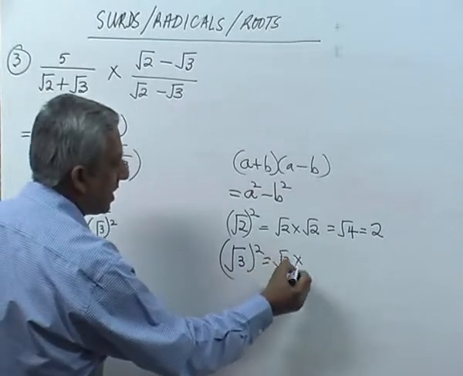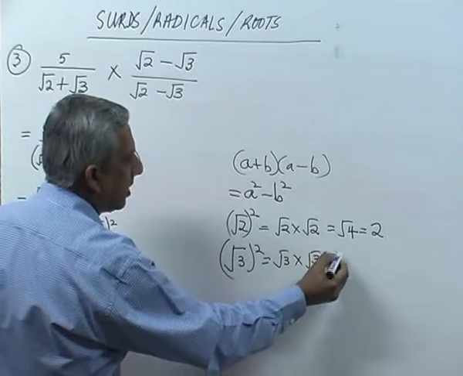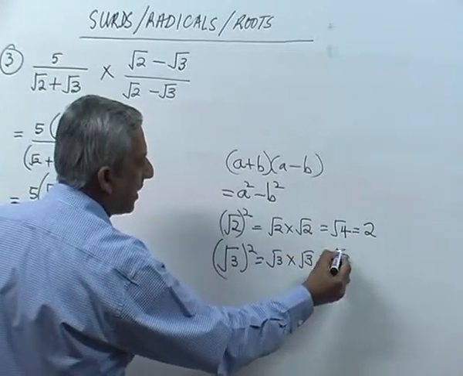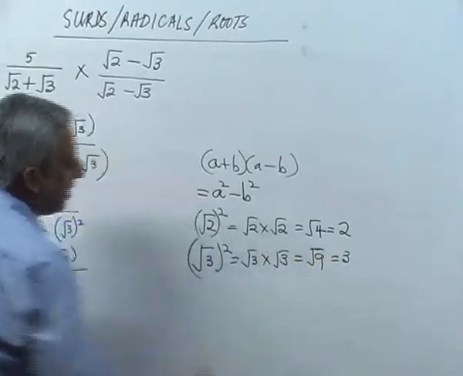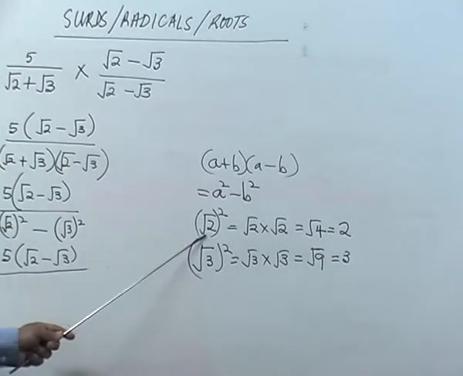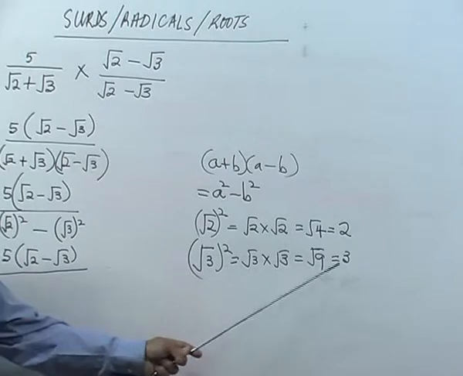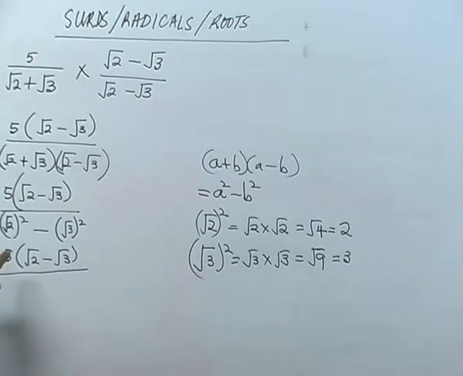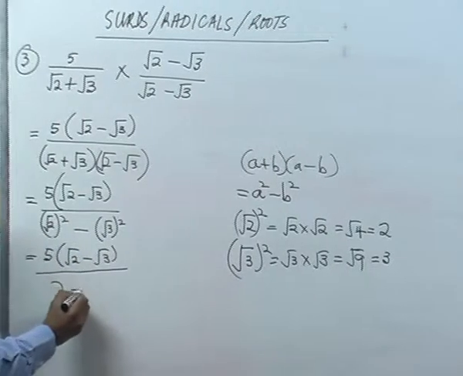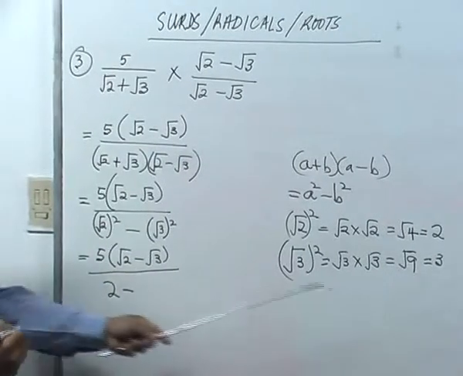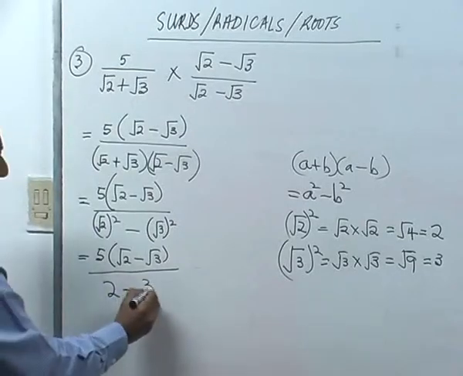It's square root of 3 times square root of 3. It will become square root of 9, which becomes 3. So, square root of 2 squared is 2. Square root of 3 squared is 3.